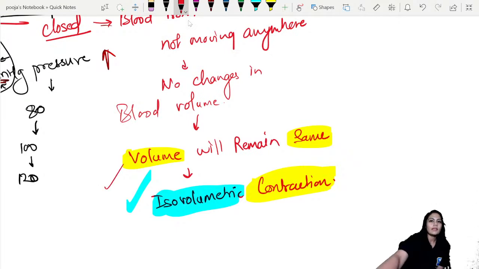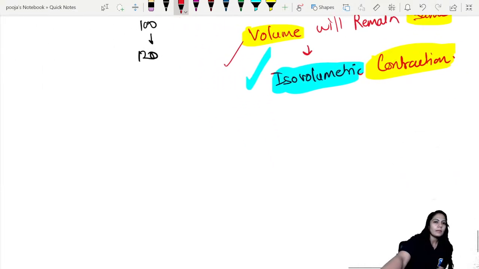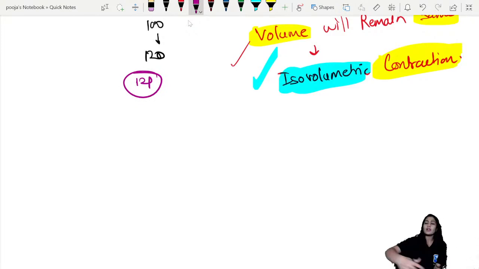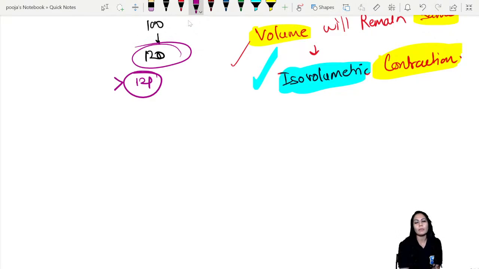Fine. Now after some time this is going to be 121 mmHg. The ventricle does not give up hope, it is still contracting, and at some point it is going to exceed this 120 mmHg.